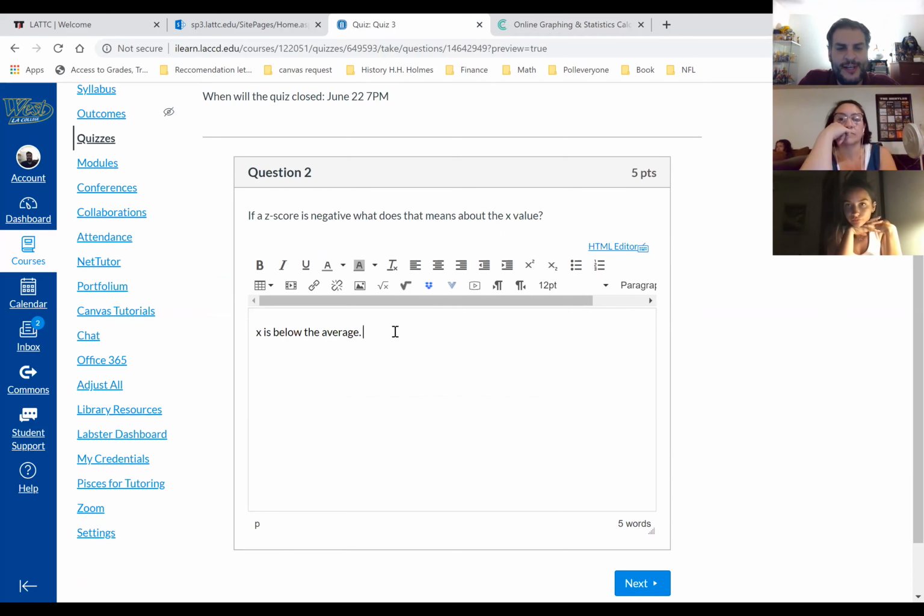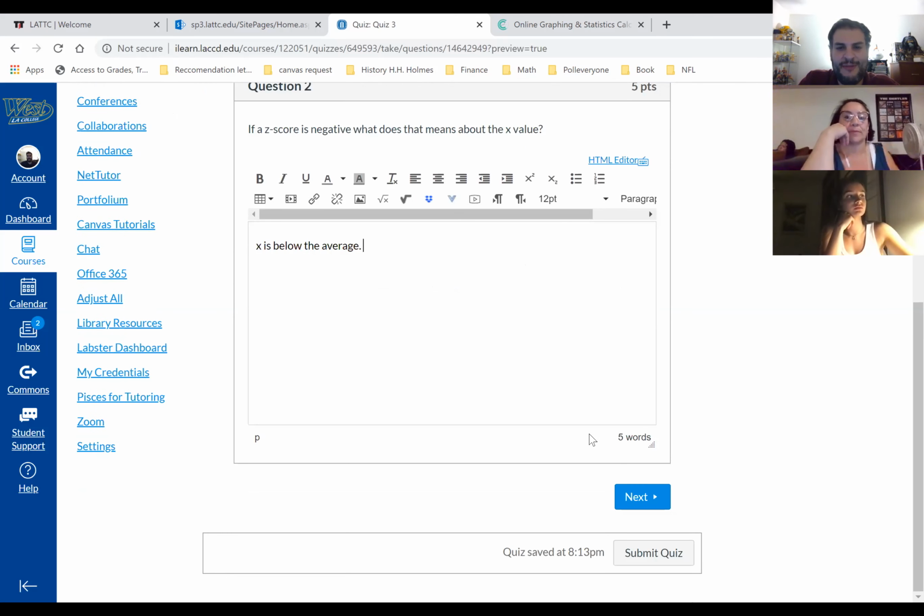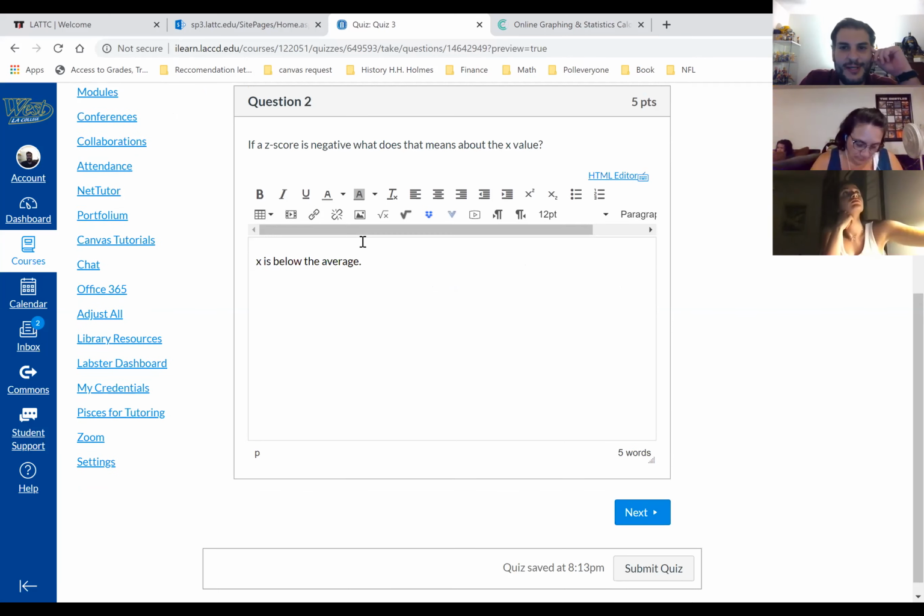The only ones I gave partial credit were people who said it had to be 2 standard deviations below the average, which is kind of right, but not right, because it could be 1 standard deviation, half of a standard deviation, a quarter of a standard deviation. If you put that, I gave you 2 points or so. That's it for question number 2. Any question in regard to this problem?